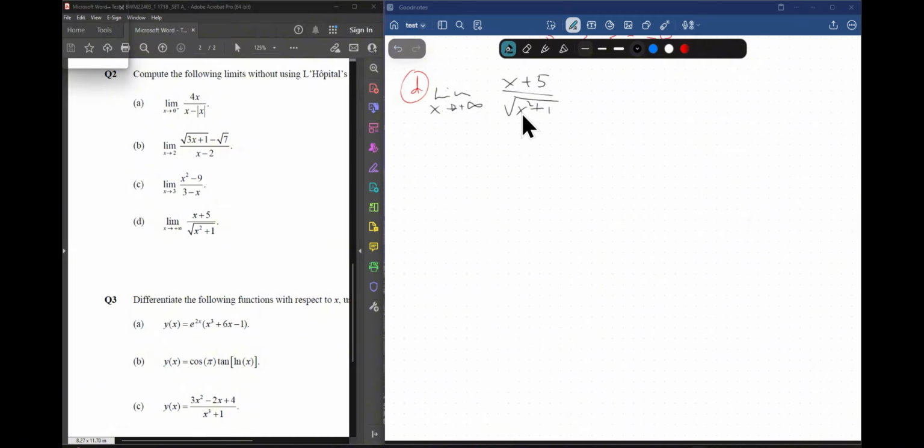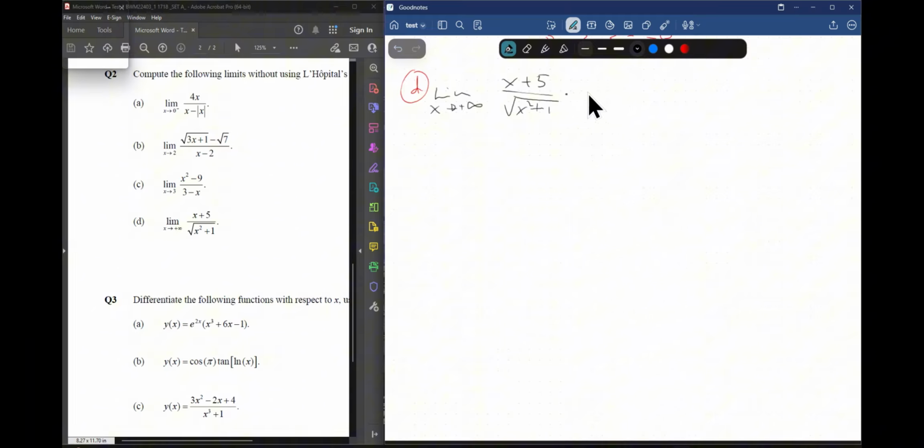Therefore, it's actually the same as x, because square root of x squared is simply x. So the highest power here is simply x to the power of 1. We can divide both the numerator and the denominator by 1 over x, because we try to cancel the variables.